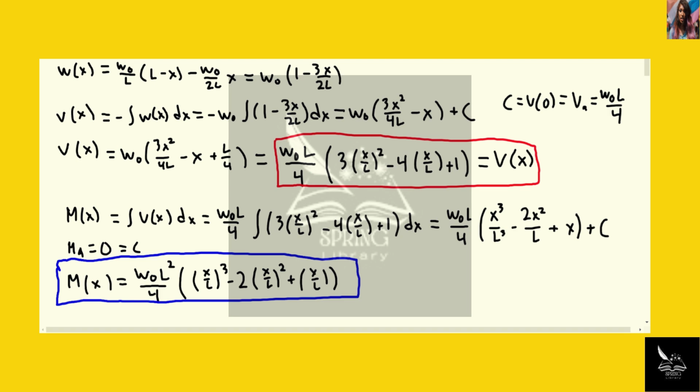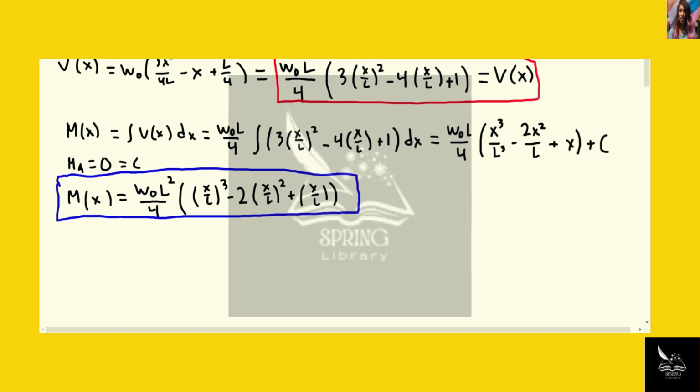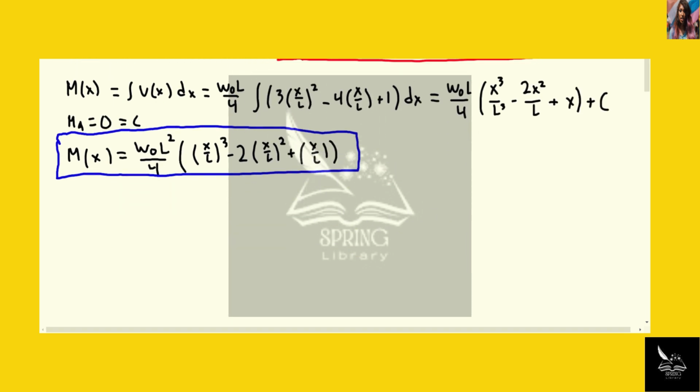All right, so we've got our expressions for V and M. Now we want to find the maximum for M. Right, so the M max is going to occur when its slope is equal to 0, and those will be points where V equals 0.